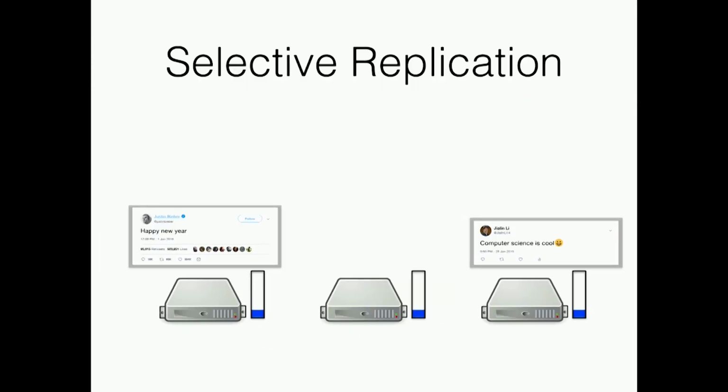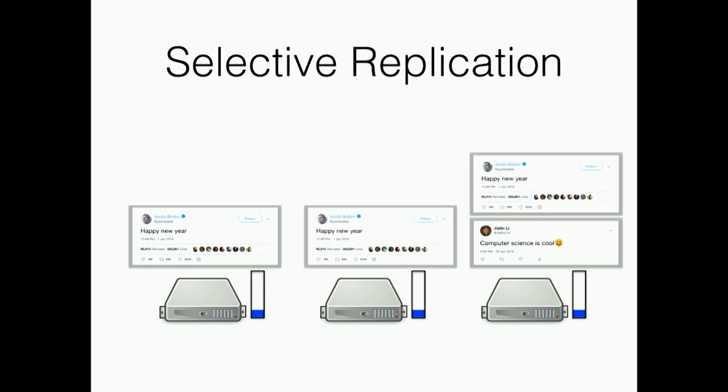Selective replication conceptually is actually very simple. It replicates popular items like Bieber's tweet on multiple storage servers. Then requests for these objects can go to any of these servers, effectively balancing load across the backend.